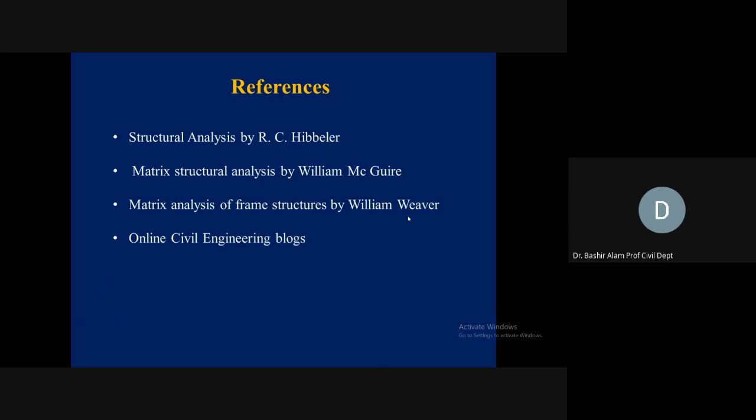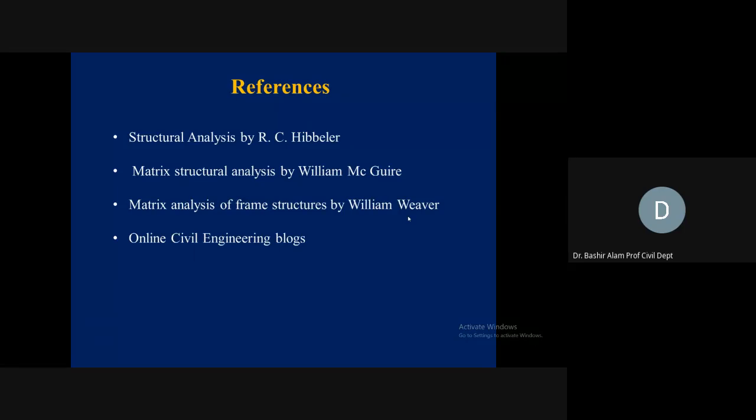Then we apply the compatibility condition and find out the unknown redundant actions. Once those are found, after that we find out the member interactions by applying the equation AM is equal to AML plus AMR times AR. From where the AML values are coming, the AMR values are coming, already we discussed in very much detail.